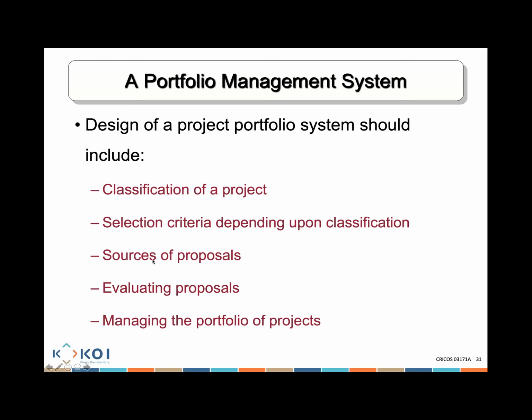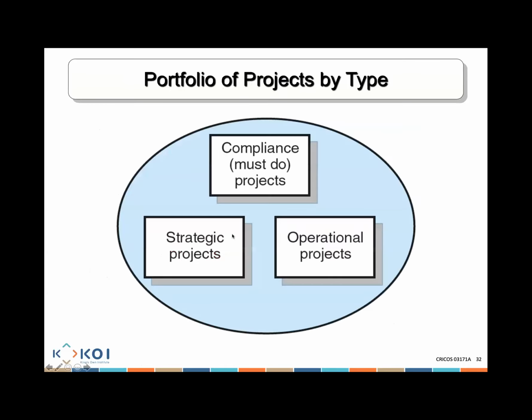Who can make a recommendation for a new operational project? How are we going to evaluate all of those proposals to choose which projects we are going to be working on at any point of time? How are we going to manage the portfolio of all of these projects? It's very important to manage that portfolio.